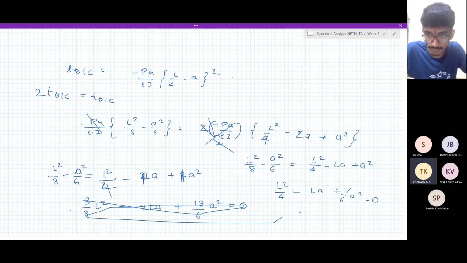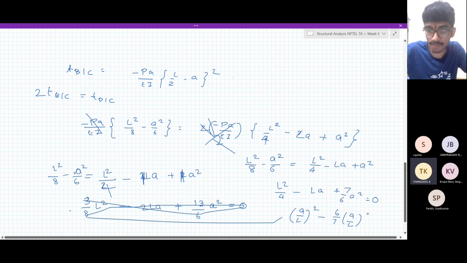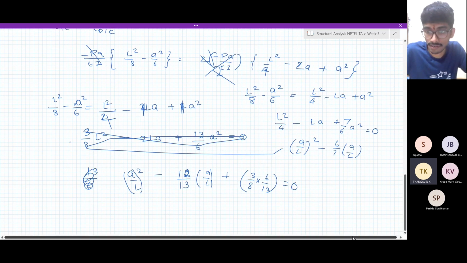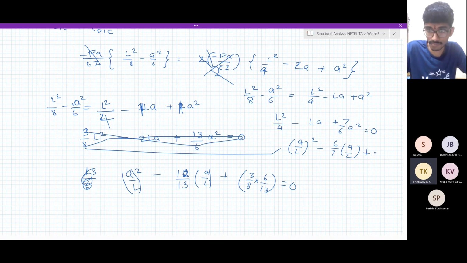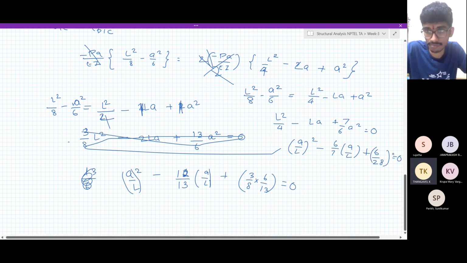So if you get A by L the whole square minus 6 by 7 A by L, multiply throughout by 6 by 7, plus 6 by 7. So 6 by 28 is equal to 0. Sorry for the typo.